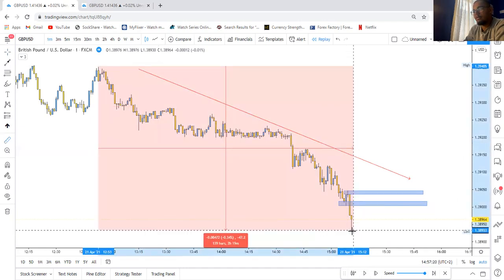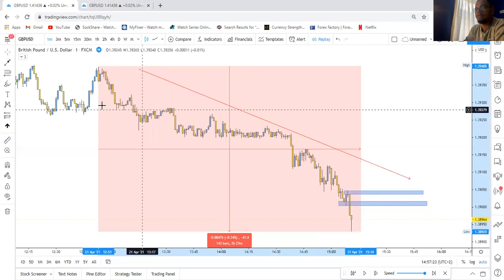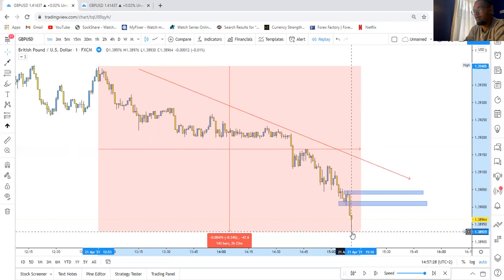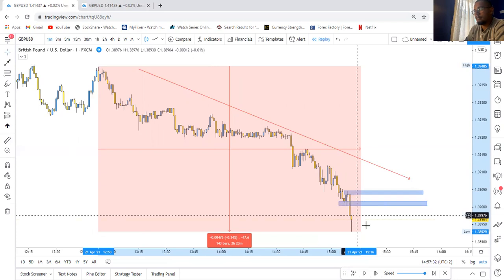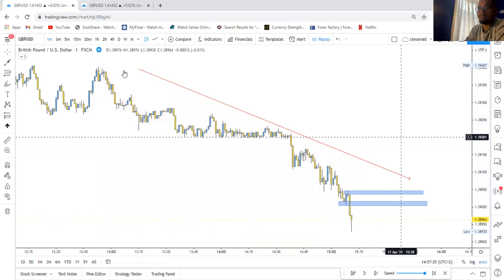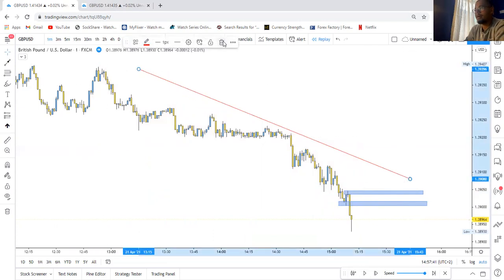That's basically a 50 pip movement, 47 pips from the start of New York till right now, where we're at about 3:15. That's quite crazy. So I wouldn't be looking at doing too much at this point.